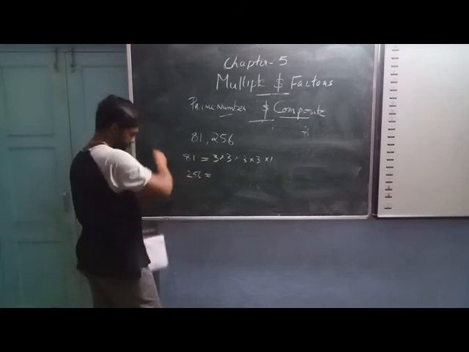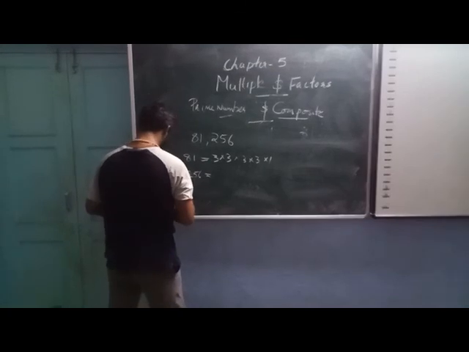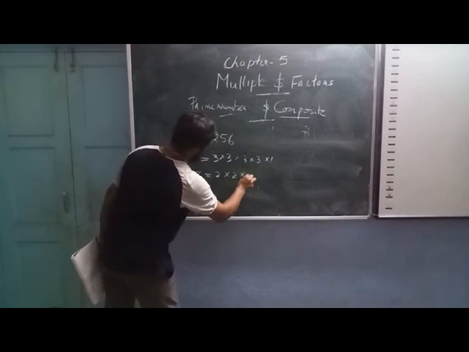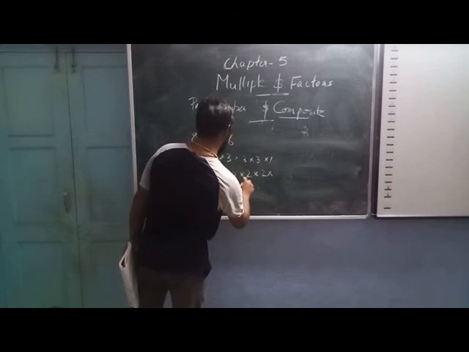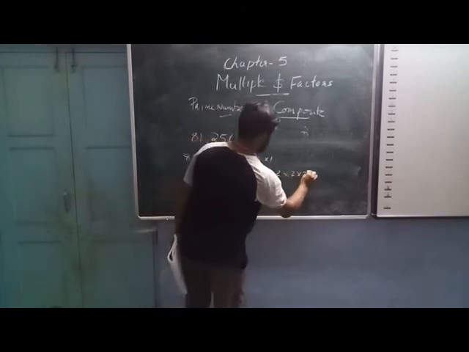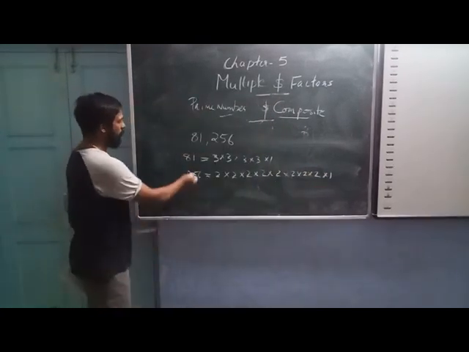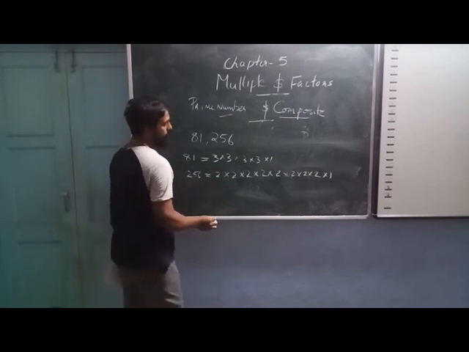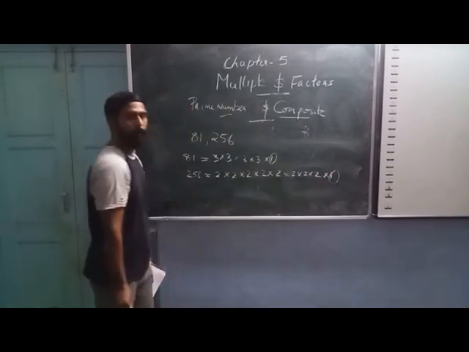256 is 2 into 2 into 2 into 2 into 2 into 2 into 2 into 2, eight 2s, into 1. You see, in both numbers, what is the common thing? The common thing is only 1.